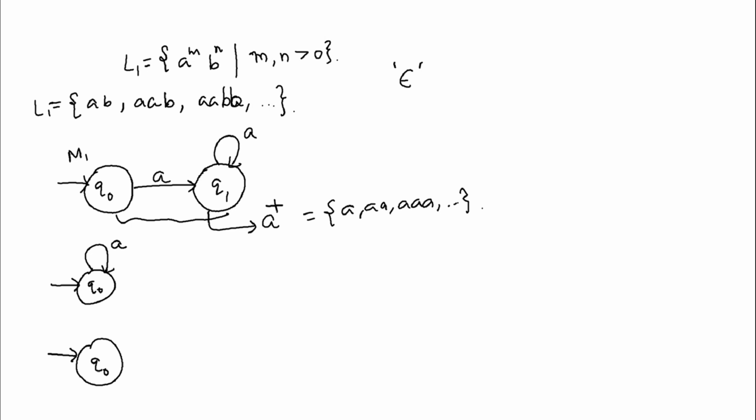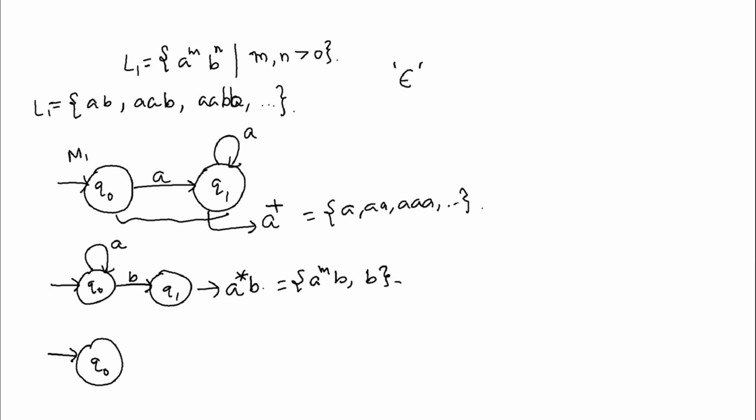And in this DFA, if you reach Q1, the string traversed so far is A star B. What is A star? It is either A to the power m B or simply B.